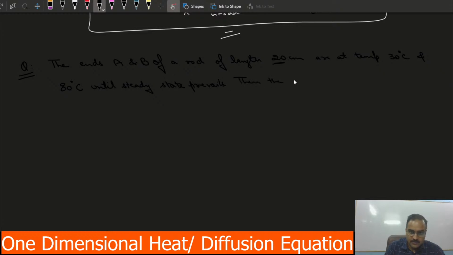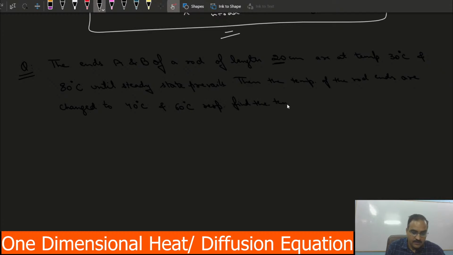Then the temperature of the rod ends are changed to 40 degrees Celsius and 60 degrees Celsius respectively.